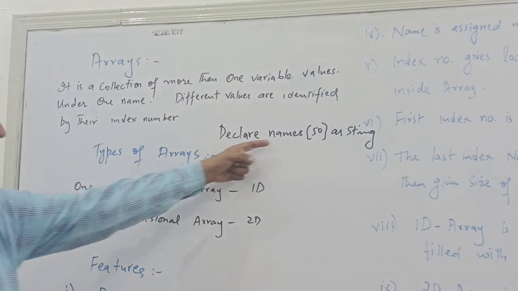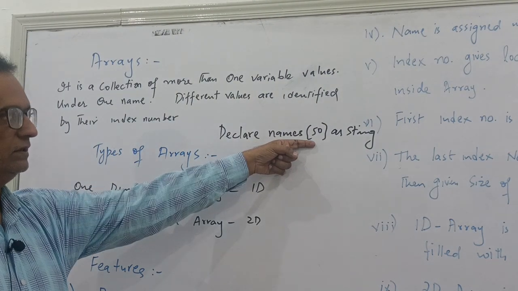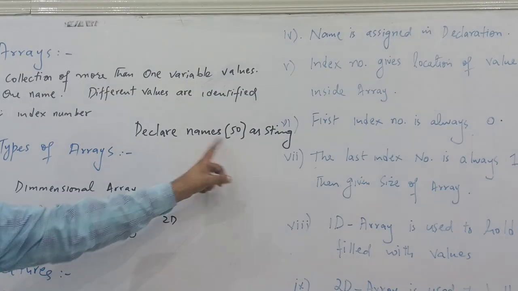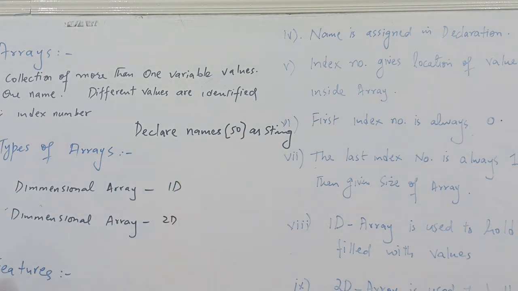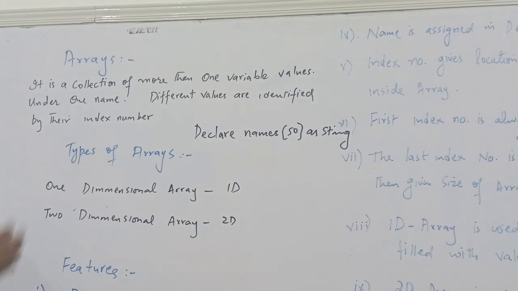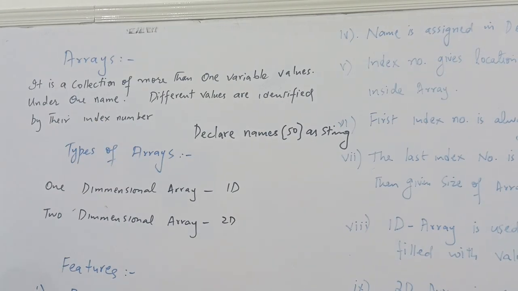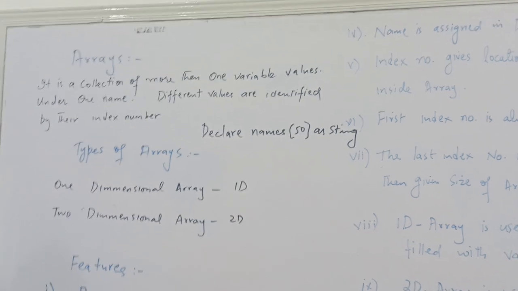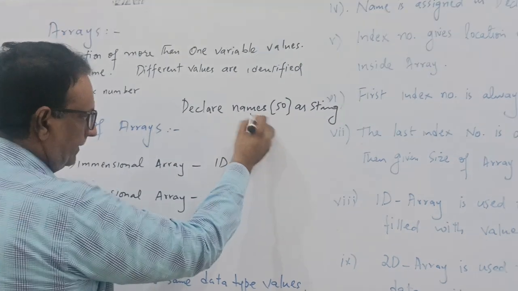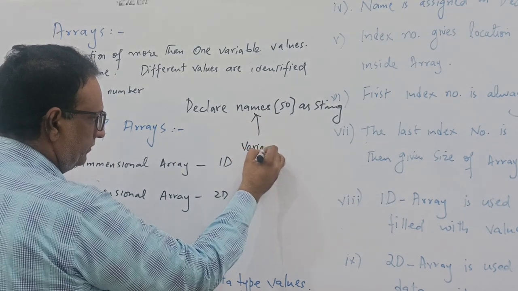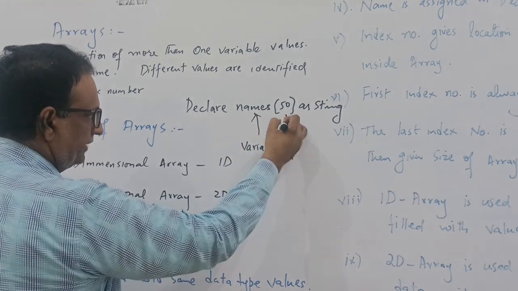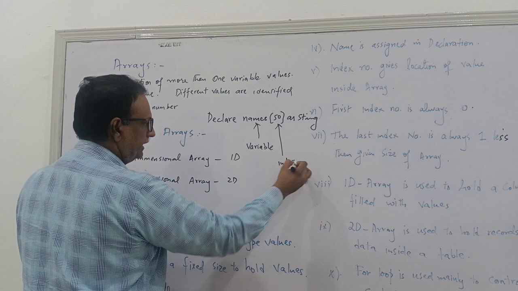This is 50 variables, and all of them are names and their data type is string. So this definition says arrays are a collection of more than one variable value under one name. All of the 50 have the same variable name, but they are differentiated by their index numbers.